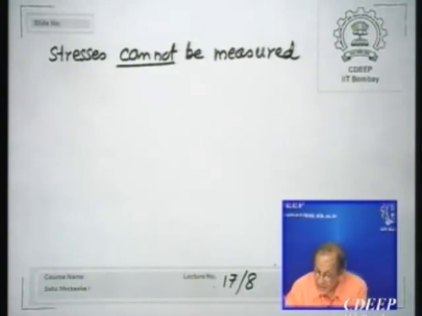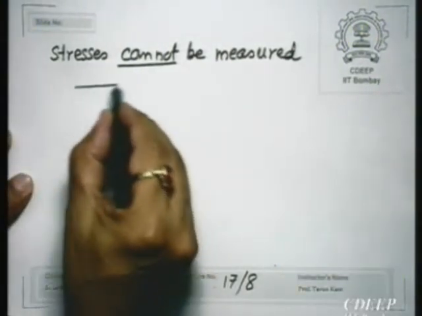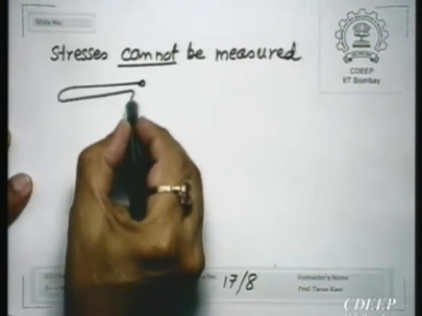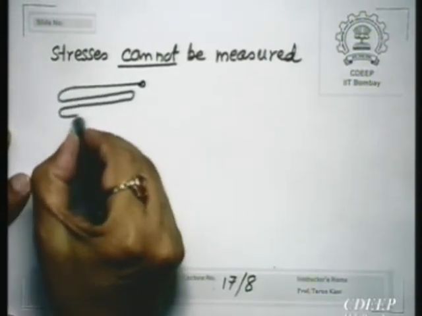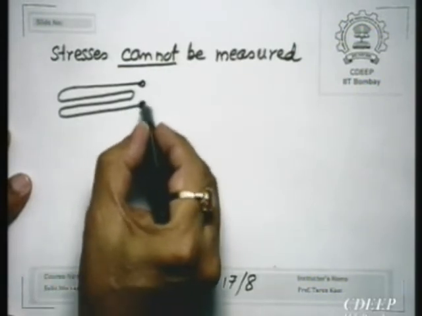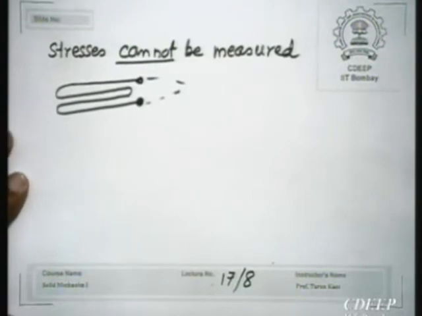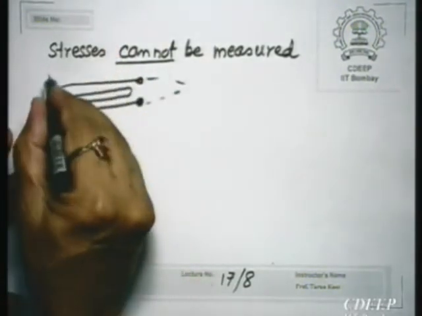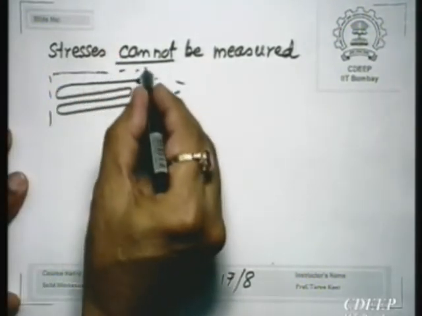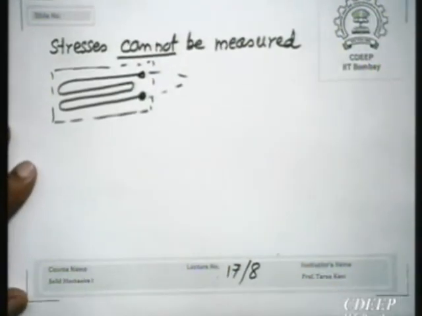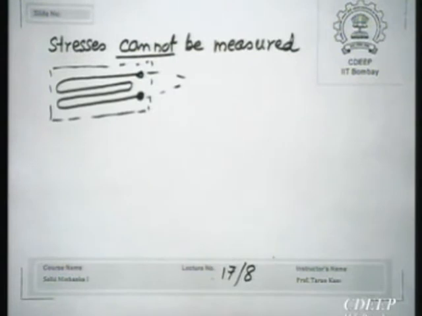So, electrical strain gauges. Something like this. There will be two leads. This will be connected to some instrument, and this one will be stuck on the body. But again, we can stick this only on the surface of the body.